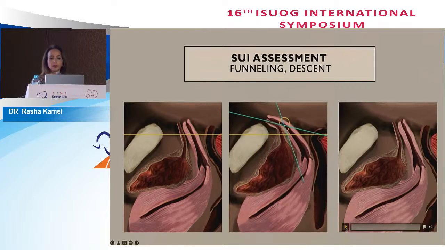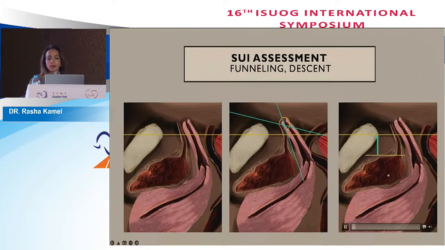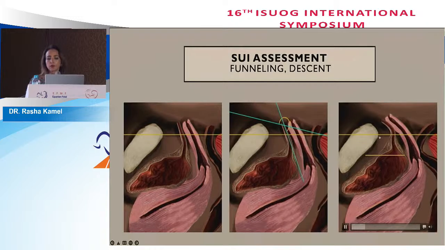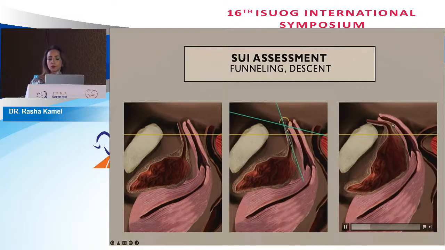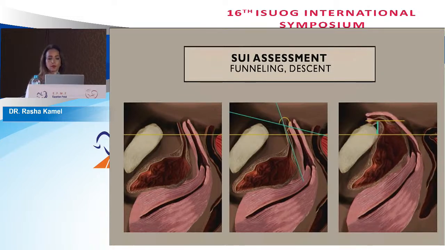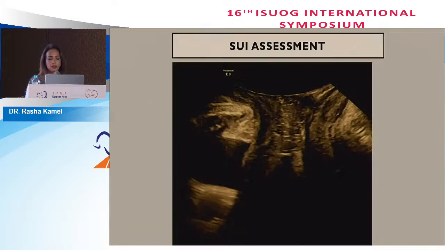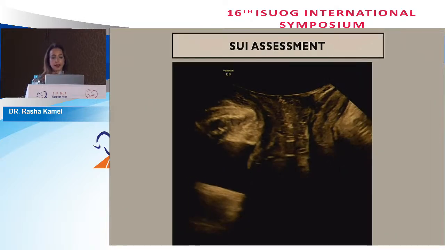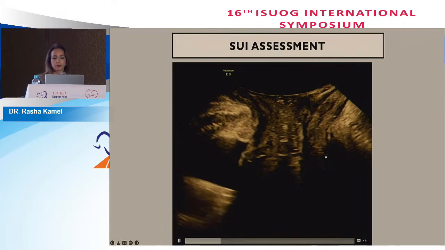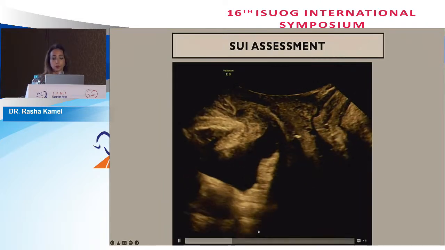And the third ultrasound parameter is the distance of the neck of the bladder with regard to the symphysis pubis, and when we ask the woman to push down, we can see that it is pushed outwards. So let us see how these parameters look on an actual scan. This is the symphysis pubis and this is the puborectalis muscle, and we are asking the woman to push down.